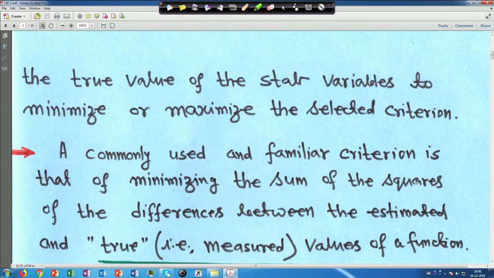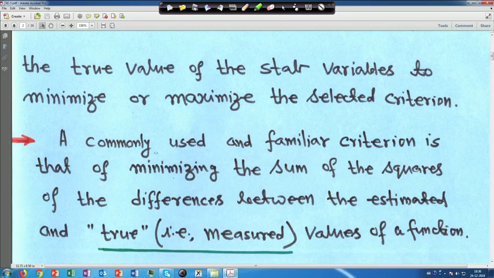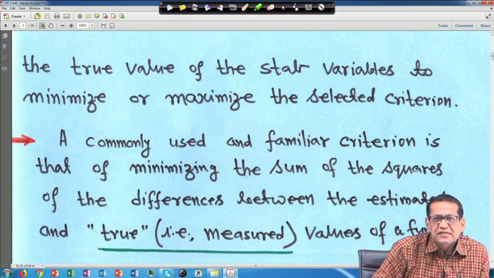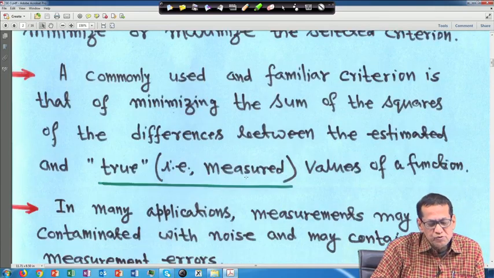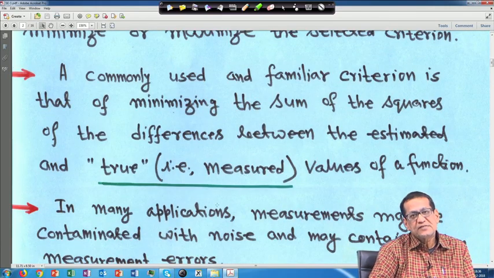A commonly used and familiar criterion is minimizing the sum of the squares of the differences between the estimated and true, that is measured, values of a function. We will see that. The true value means, as we define it, the measured value.